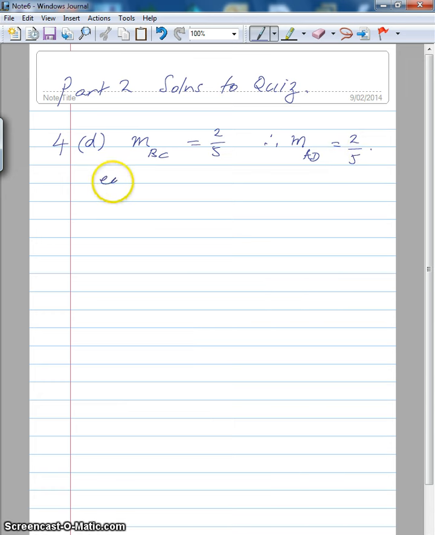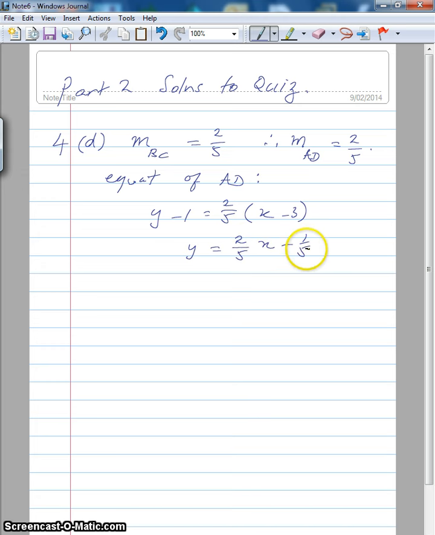So the equation of AD is just that. Now in this we've had to use the coordinates of the point A. We don't know the coordinates of D at this stage, so simplifying this equation produces that.